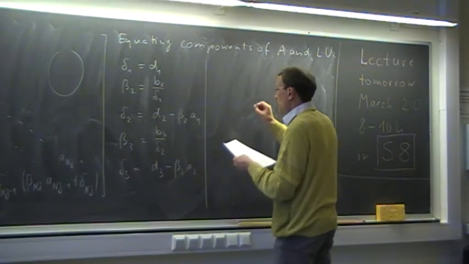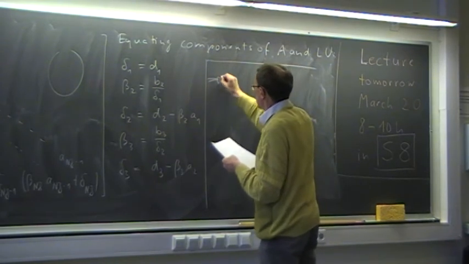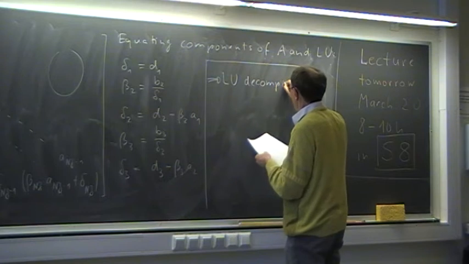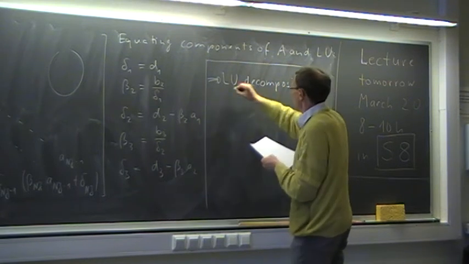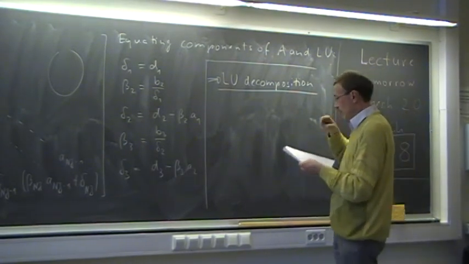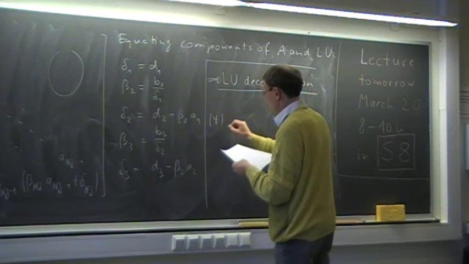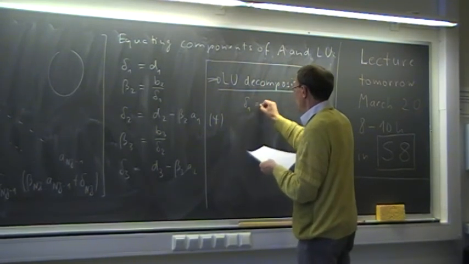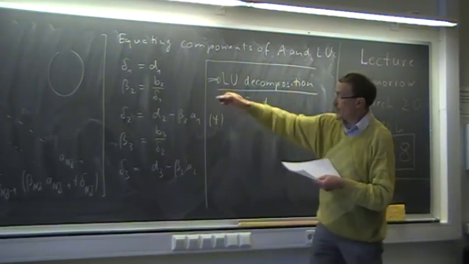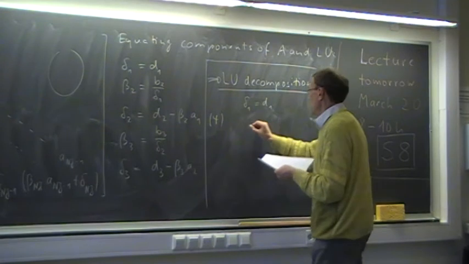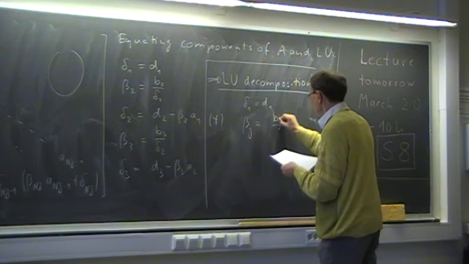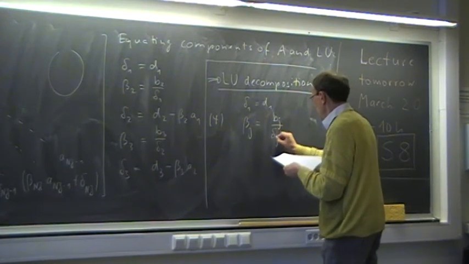So from that we see the LU decomposition. Before we did the ansatz, L times U, but now we get the elements. For the D, the delta 1 is equal to the D1. We have to start at some point, but then the pattern you see repeats itself here. So we can say then the beta j is equal to the bj divided by the delta j minus 1.